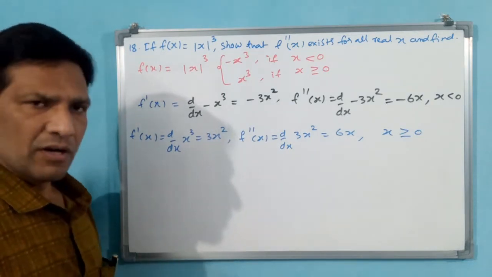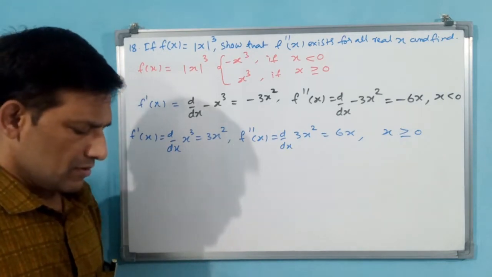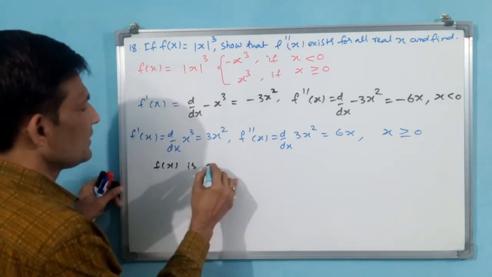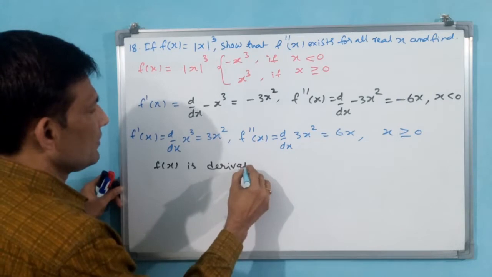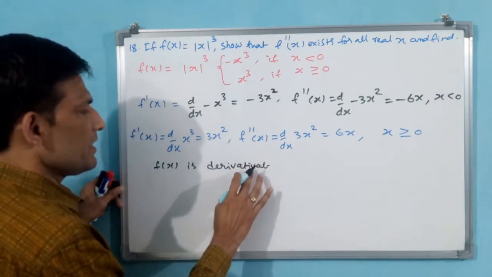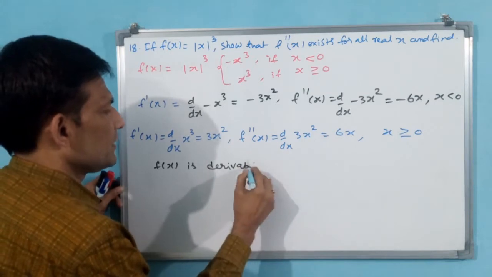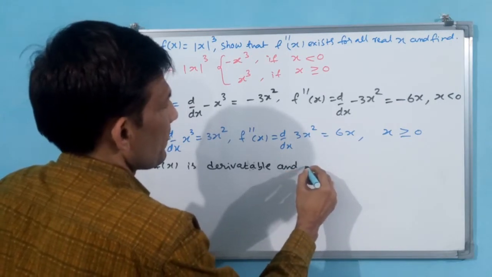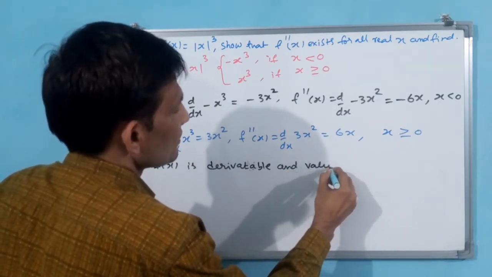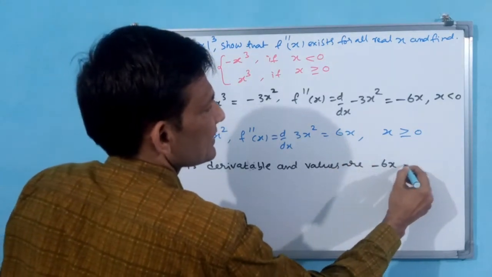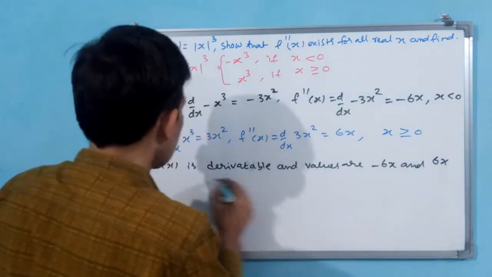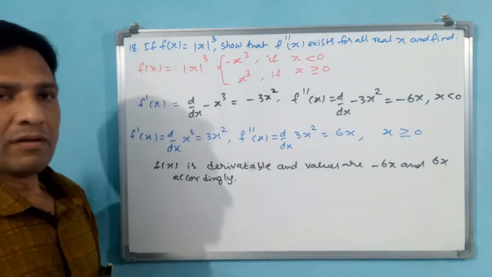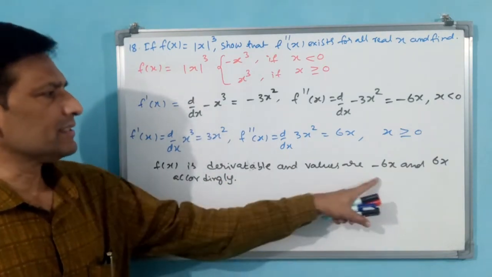Last, one sentence you write: f of x is derivatable and the values are minus 6x and 6x accordingly.